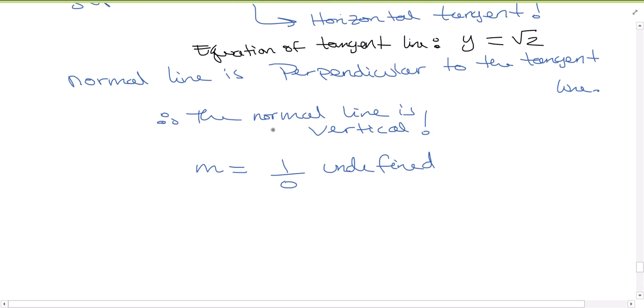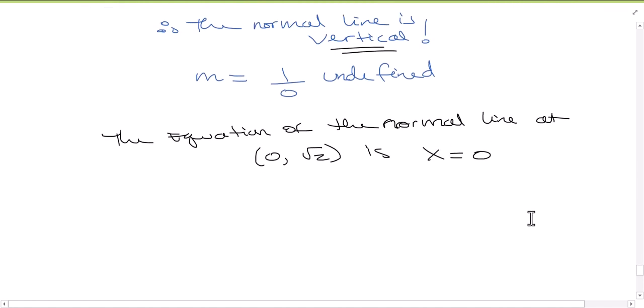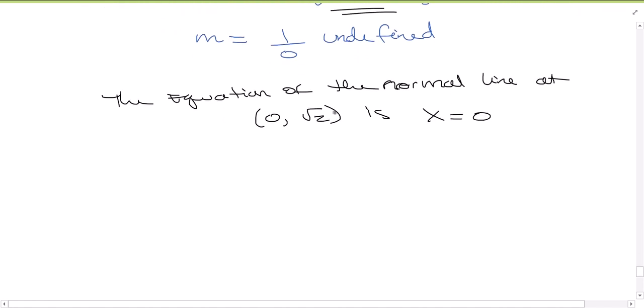And the normal line is a vertical line. So what do you know about the equations of vertical lines? The equation of the normal line at the point 0 and root 2 is x equals 0. So that will be the equation of a line, just because you happen to have a vertical line, so undefined slope.